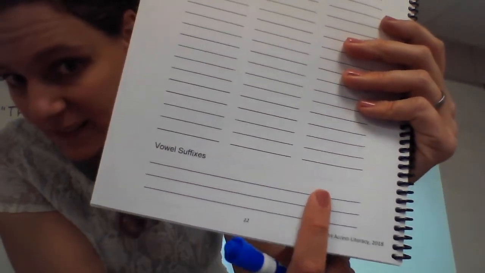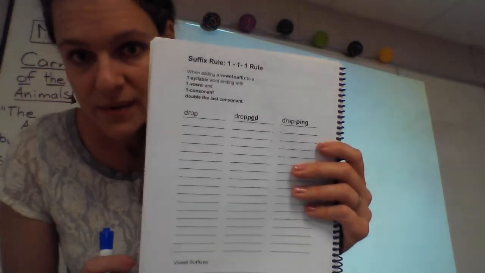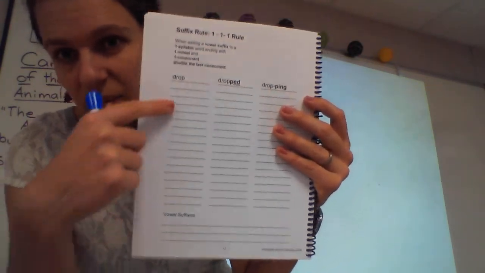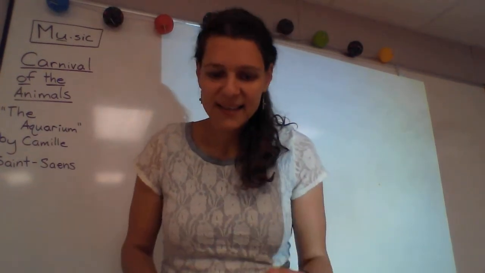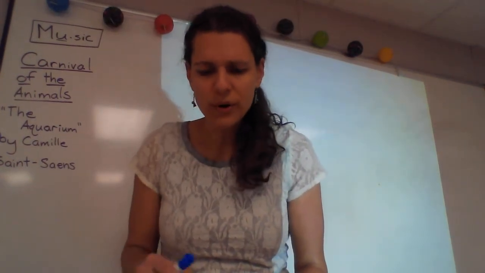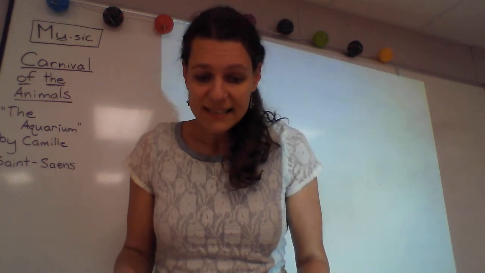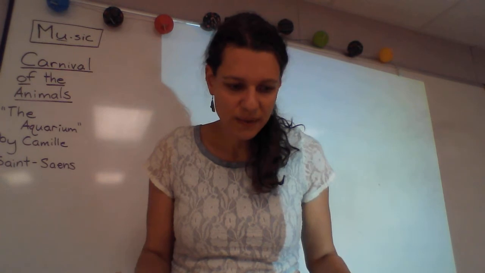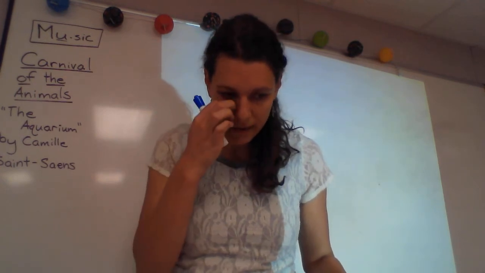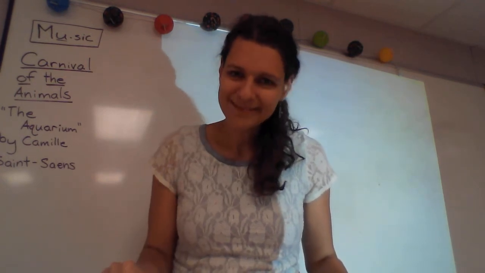That's where we're keeping a list of vowel suffixes. So we know if we want to add one of these, what we're going to have to do up here. All right, our last page, I promise just one more word.